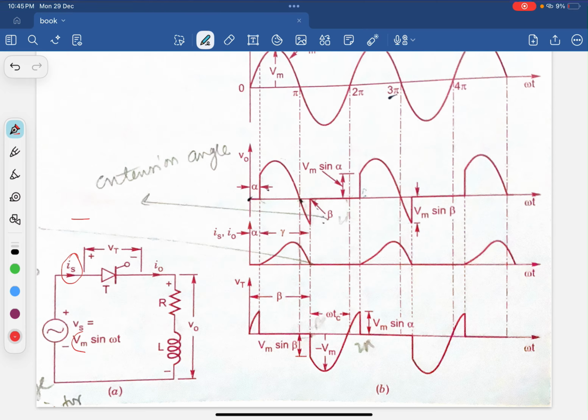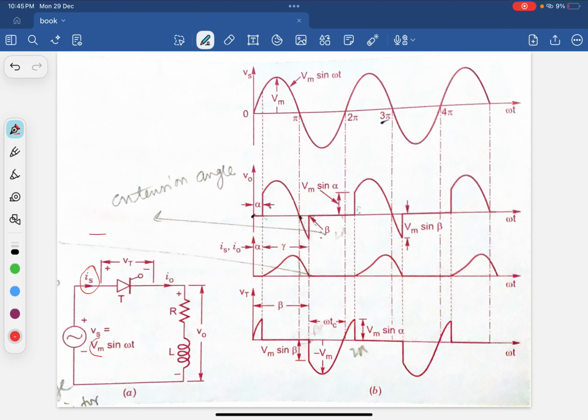Also we can see the load current I naught with the load, that is RL here. The voltage across the load is V naught. We will observe this by making the thyristor conduct and see what changes we observe in the graph.